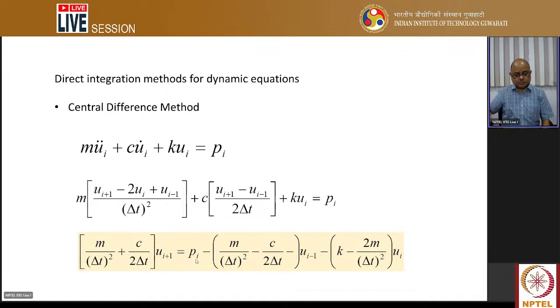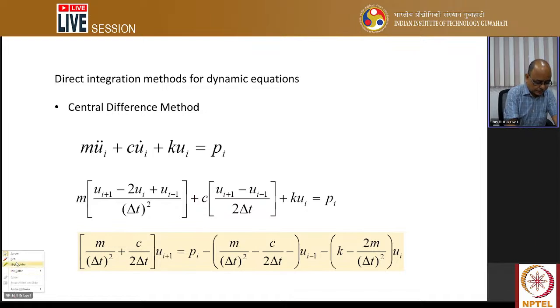I is the previous time step, I plus 1 is the current time step, and two previous time steps are I and I minus 1. So we get this, which represents something like an effective stiffness. So we can represent this equation.